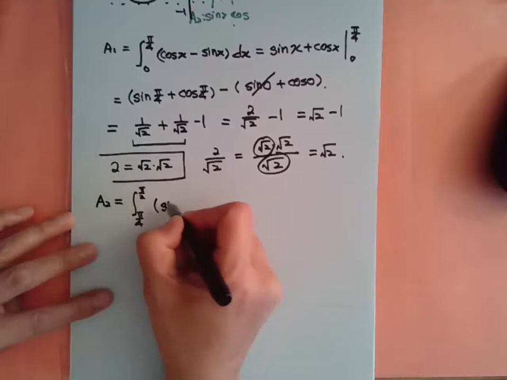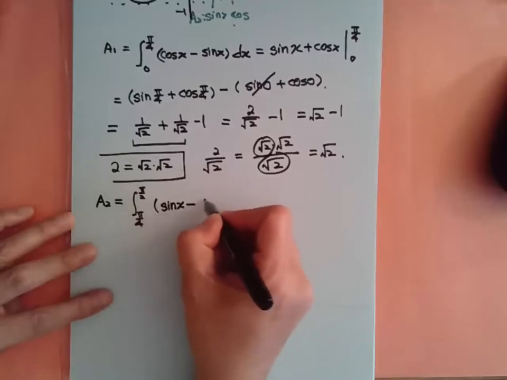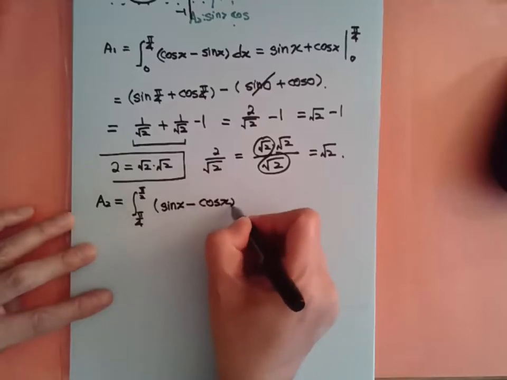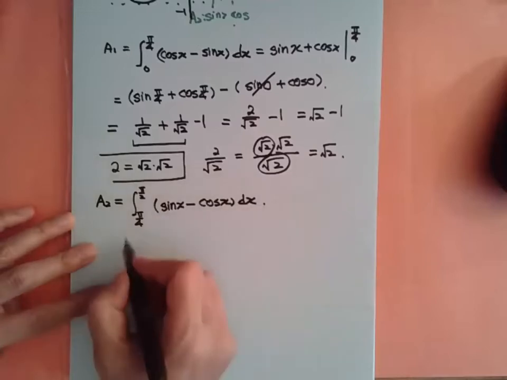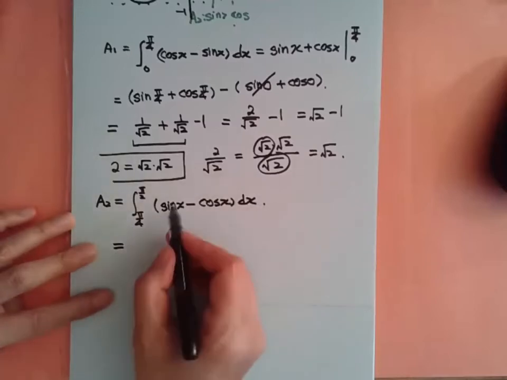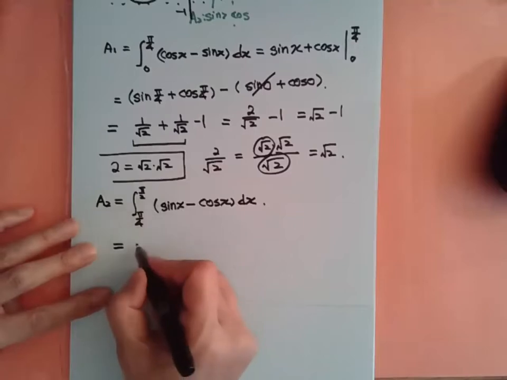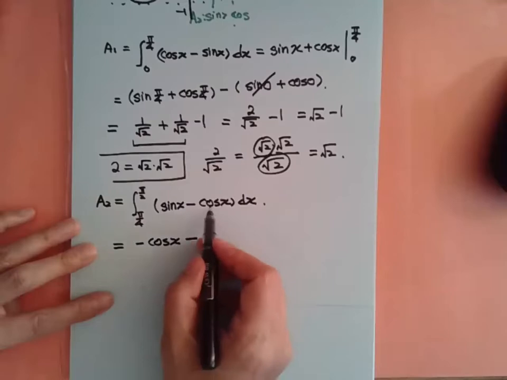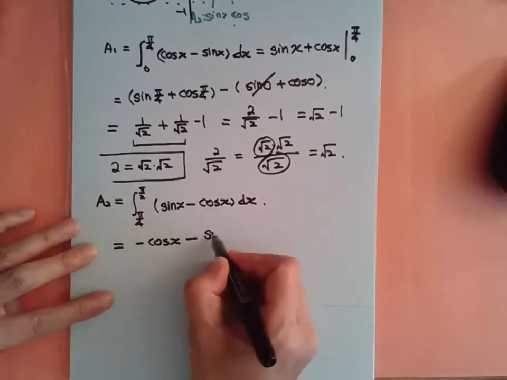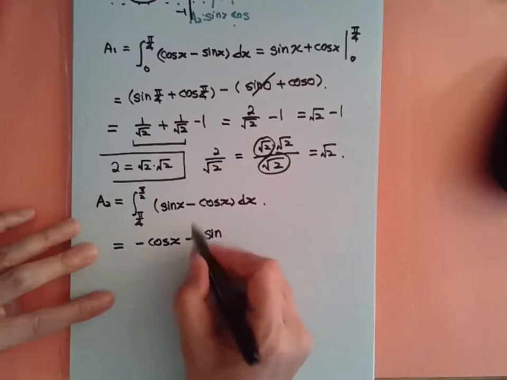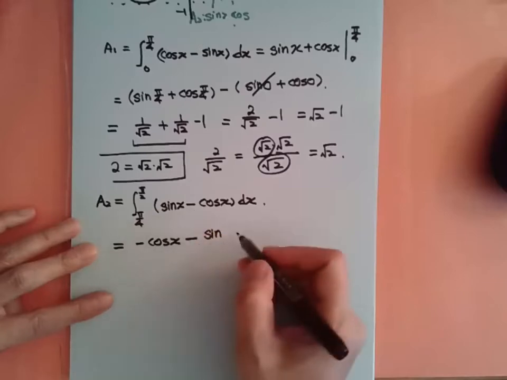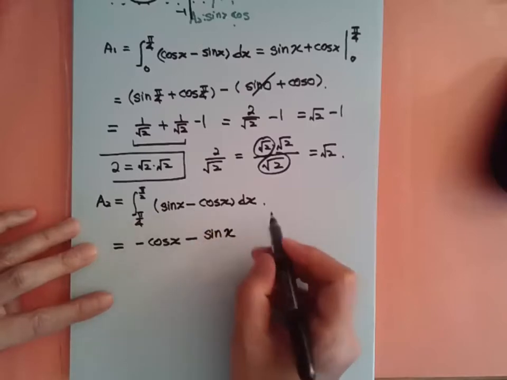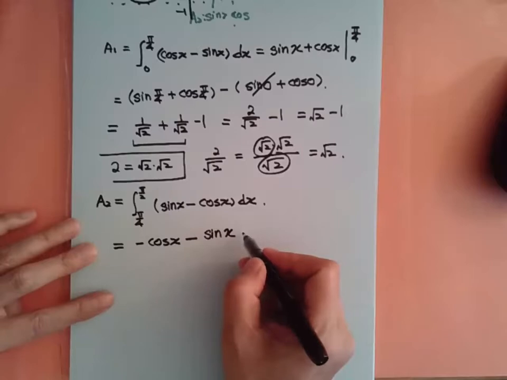So sine of x minus cosine of x dx. If we integrate sine, then we get minus cosine. If we integrate cosine, then we will get sine. So we have to put minus, which came from here. So minus sine x, from pi over 4 to pi over 2.